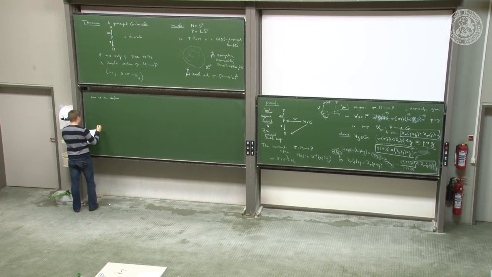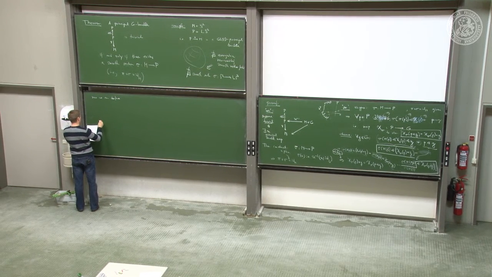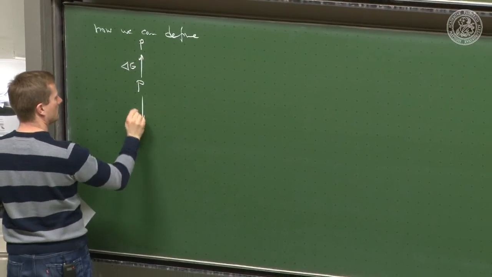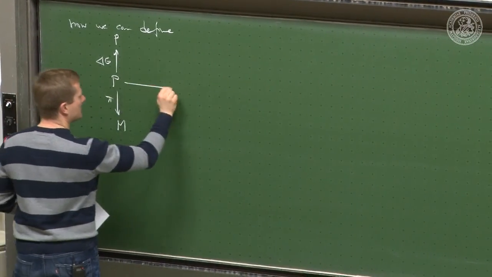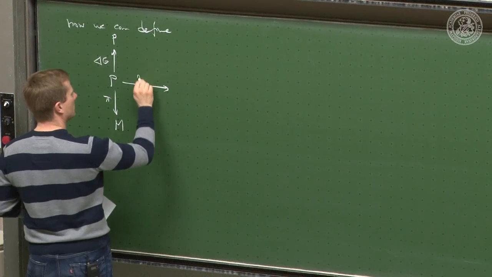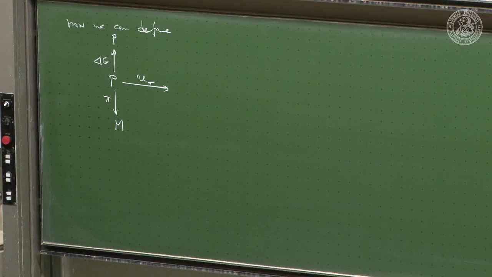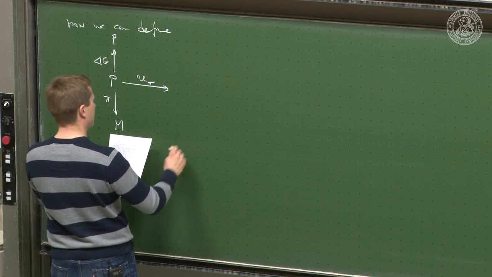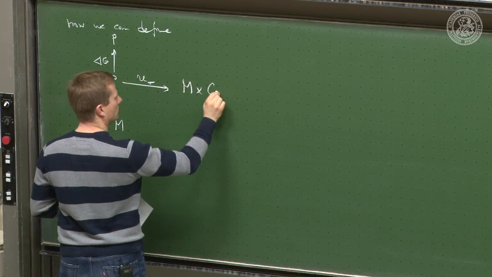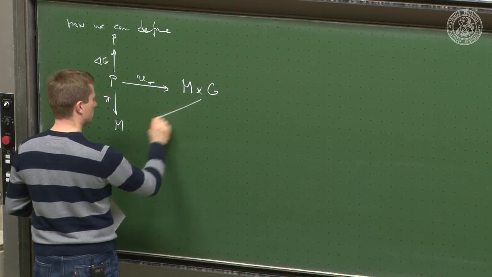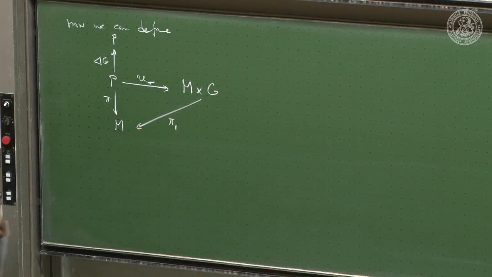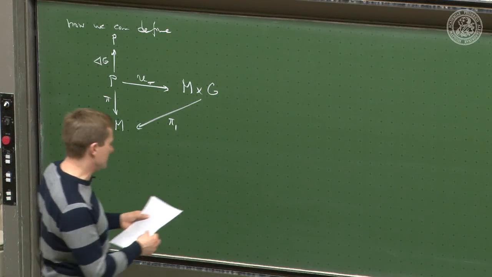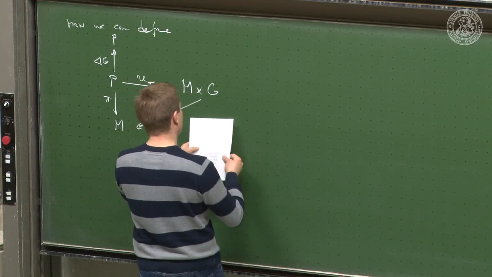Now we can start from our principal bundle, and we can define a map U that depends on the given section sigma, because in this direction the section is given. And we can construct a U over here such that U is a bundle map, because once we have that, we have established that the whole thing is trivial.